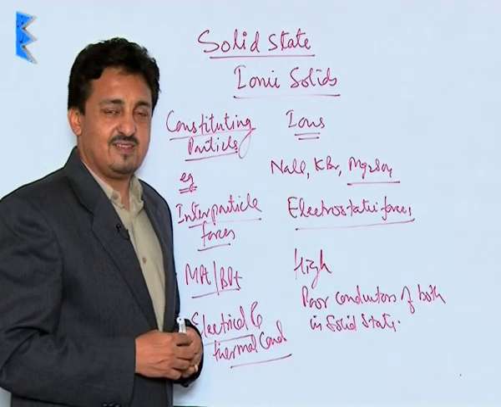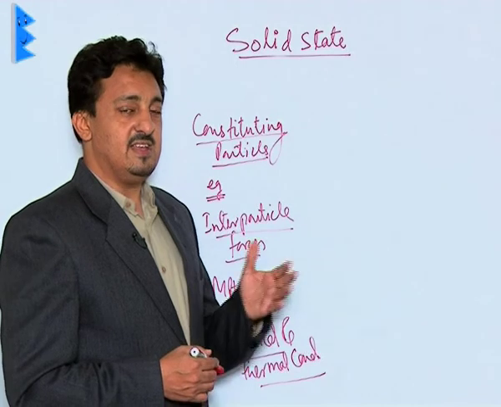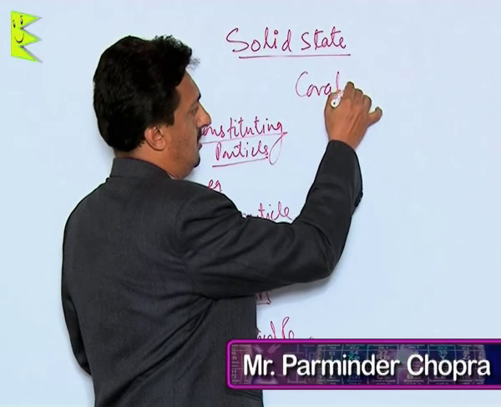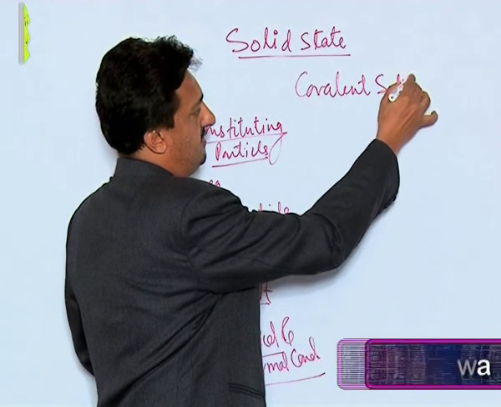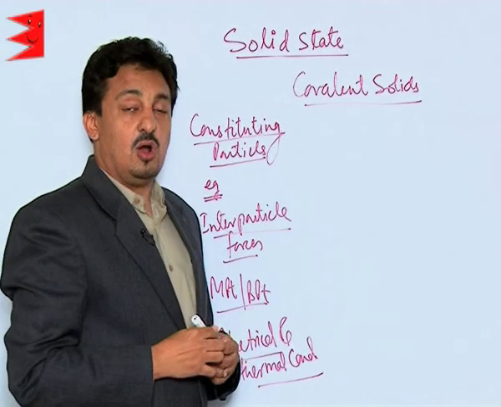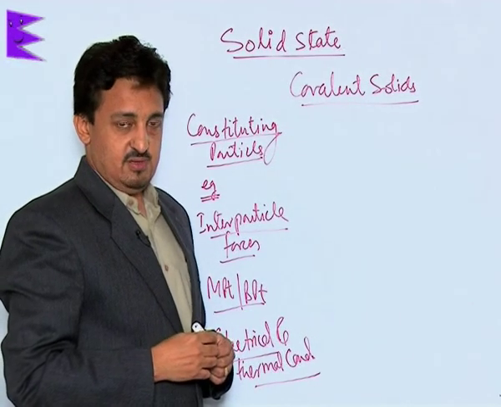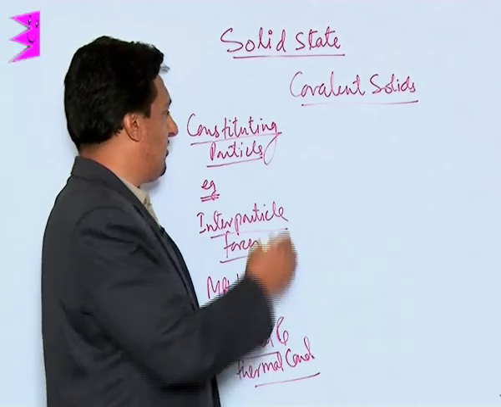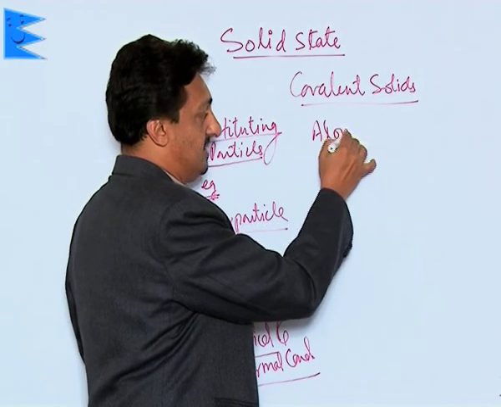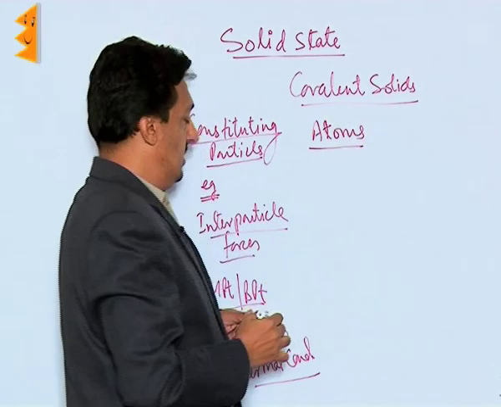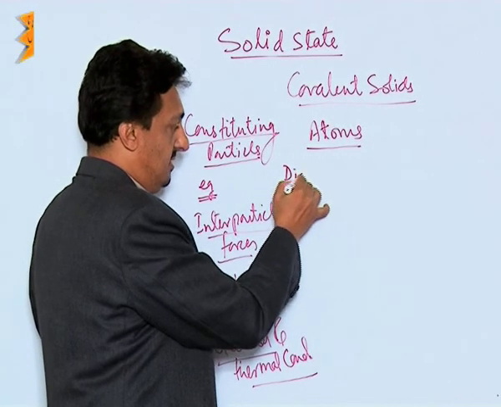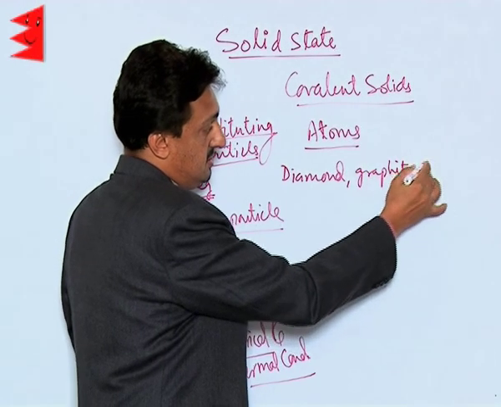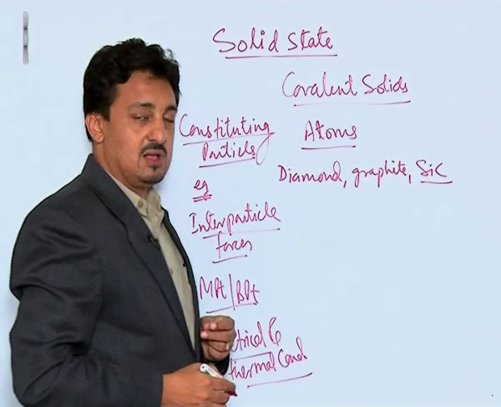So, let us take now the next category, the covalent solids. Now, let us study the second type of crystalline solids called covalent solids. These are also called network solids because they form large network giant structures. In these solids, the constituting particles are atoms. Examples are diamond, graphite, and silicon carbide, which is also called carborundum.